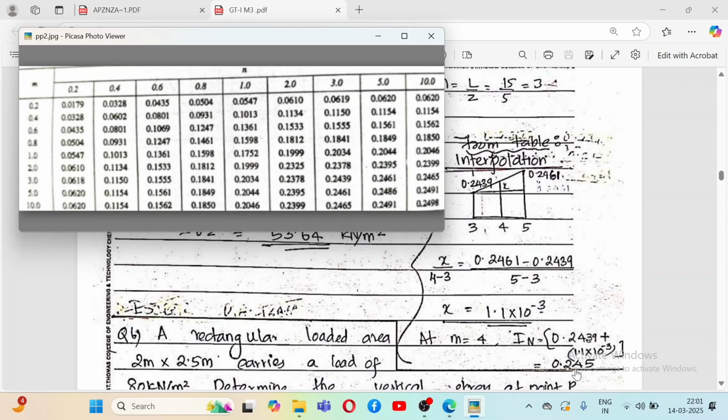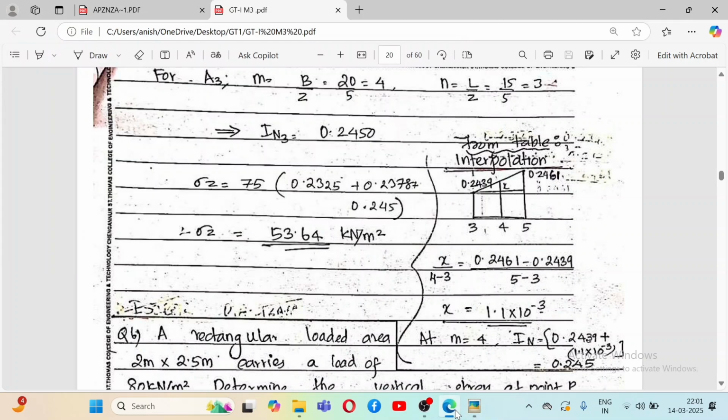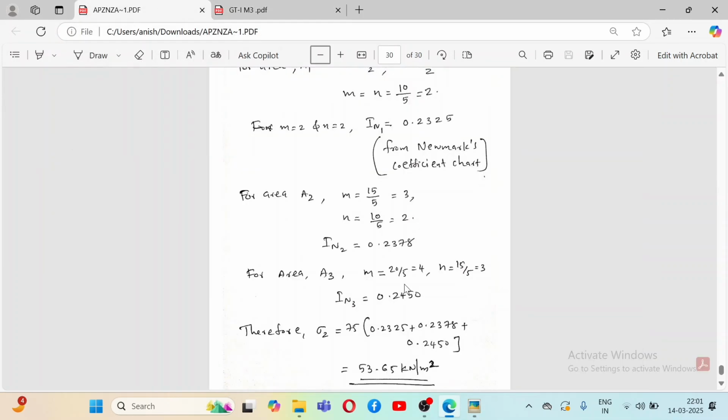So you get a value of 0.245. You have to learn this interpolation if you are not aware of it when you solve this problem. So you got 0.245, right? IN3 is 0.245. So you got IN1, IN2 and IN3.